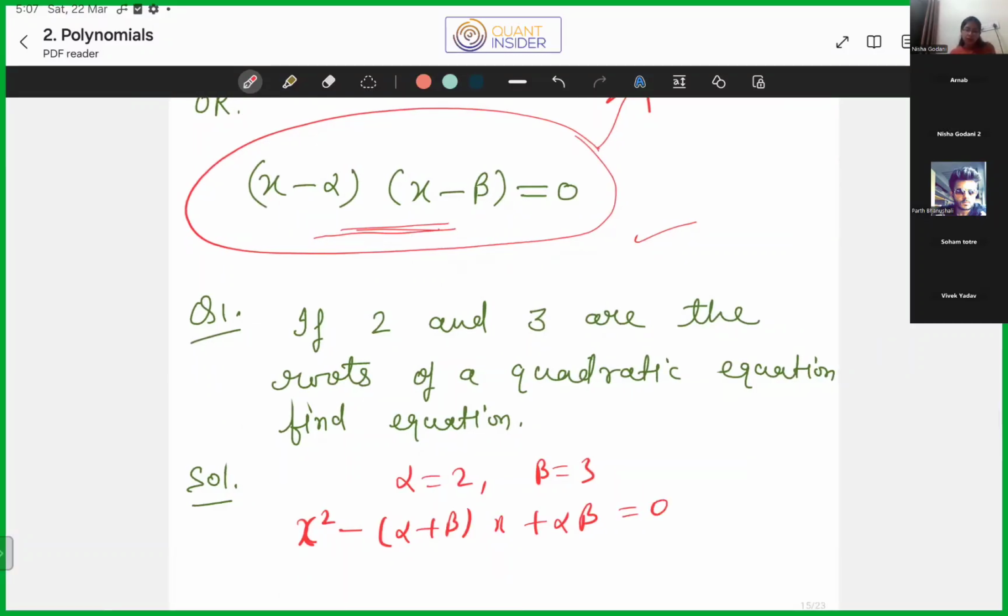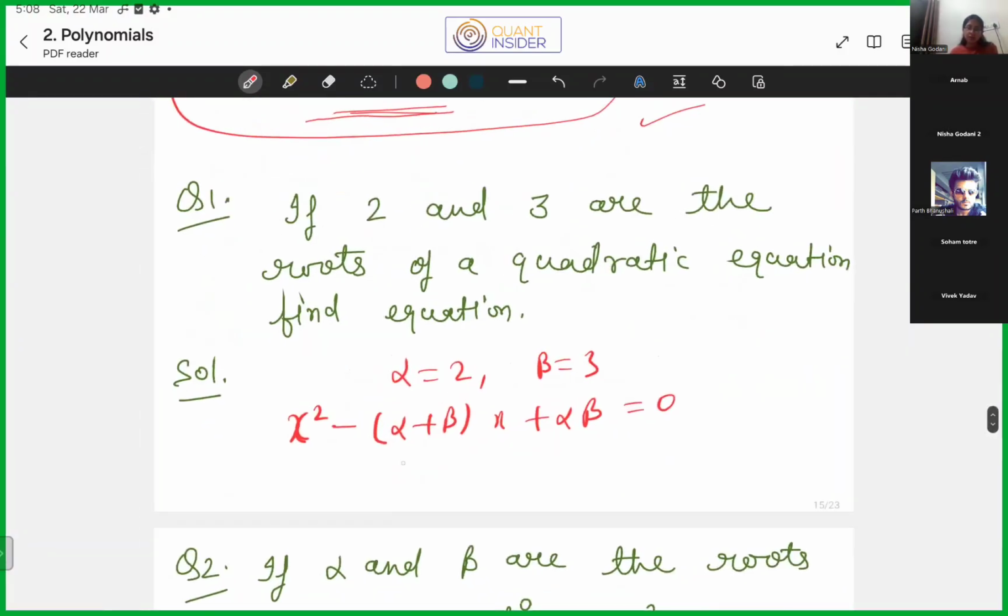Now you know alpha and beta, so you can substitute their values in this. So you have the equation that has the roots 2 and 3. Is it okay? So what will be the answer? x square minus 5x plus 2 times 3 is 6 equal to 0.